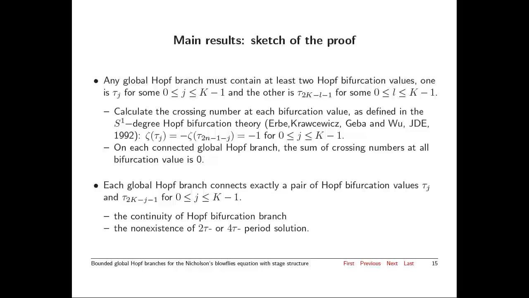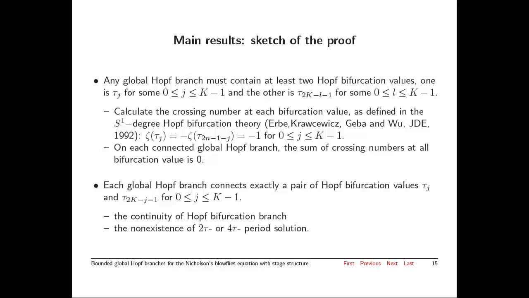And we know one idea: on each connected global Hopf branch, the sum of the cross numbers should be 0. We can calculate that for the first K Hopf bifurcation values, the cross number is always equal to -1, and for the last K Hopf bifurcation values, the cross number is always equal to 1. So the sum of the -1 and 1 should be 0. So we got this result.